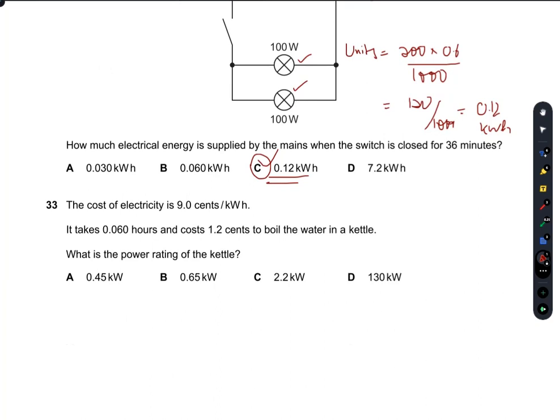The cost of electricity is 9 cents per kilowatt hour. It takes 0.060 hours and costs 1.2 cents to boil the water in a kettle. What is the power rating of the kettle? So the cost of electricity is 9 cents. I am ignoring the units here, and I have to find the power rating in watts times the time of use in hours times the cost of 1 unit, which gives 1.2 cents.